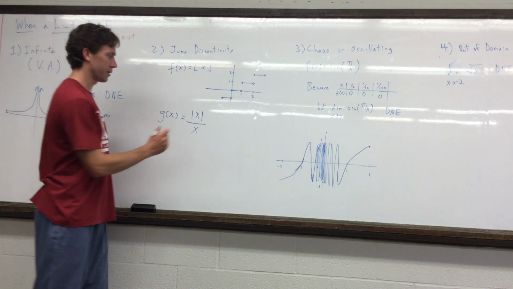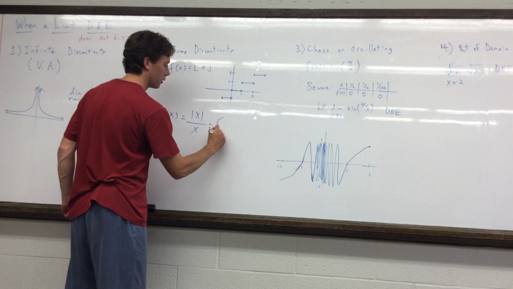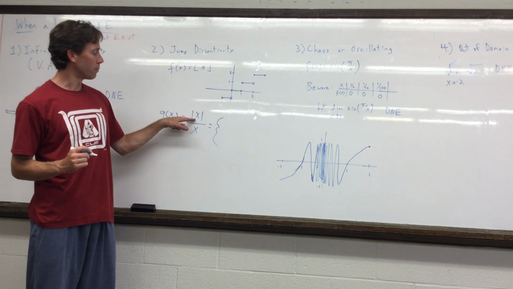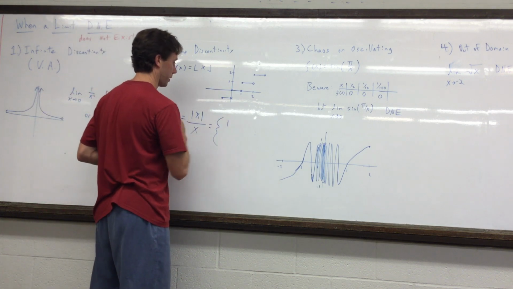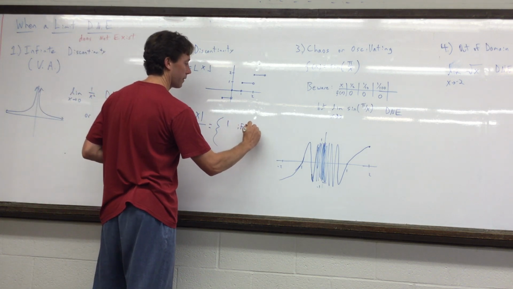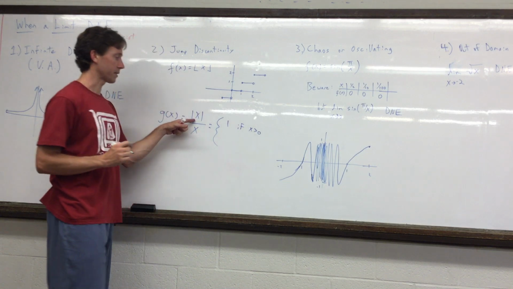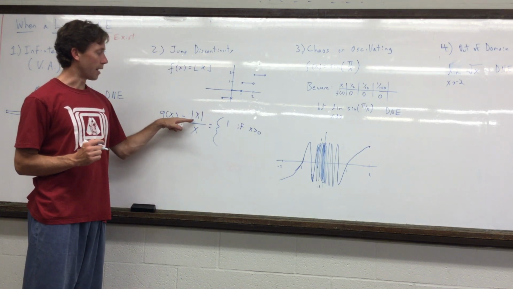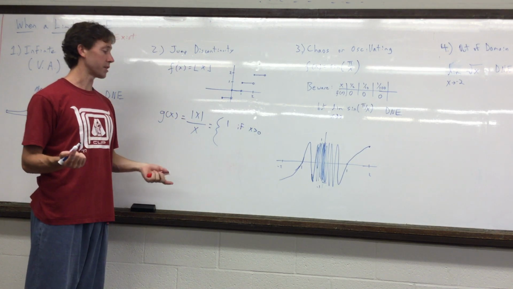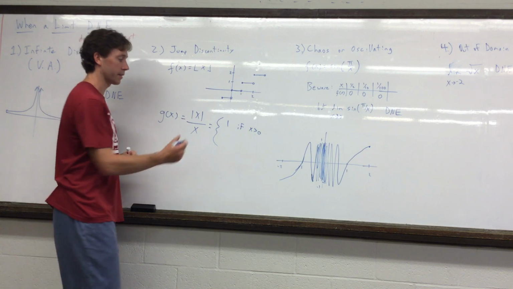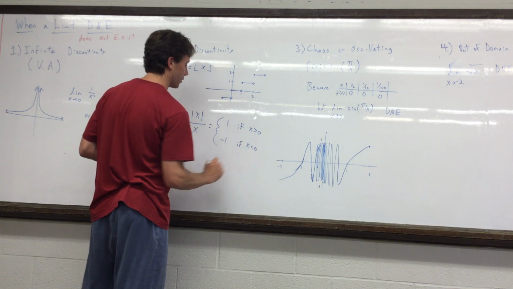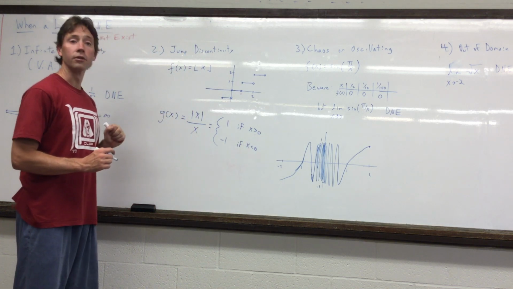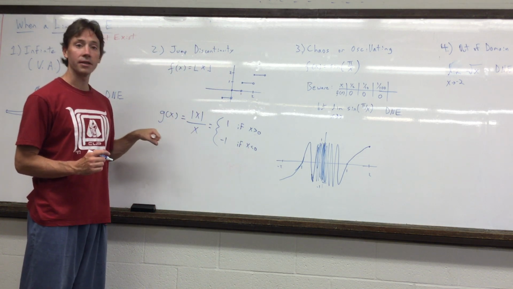So if you think about this function, if x is a positive number, then the absolute value of x is just x. So x divided by x is 1. So it's 1 if x is bigger than 0. If x is a negative number, then the absolute value of x is minus x. So it's minus x divided by x. So it's negative 1 if x is less than 0. And g of 0 does not exist. All right, I would be dividing by 0 here.